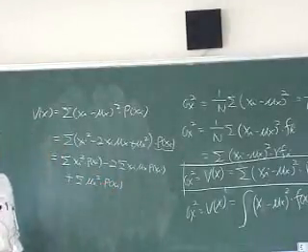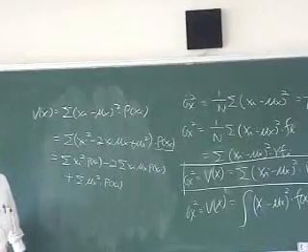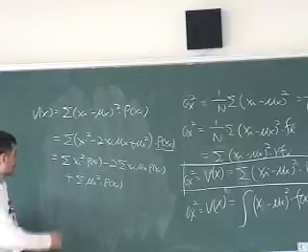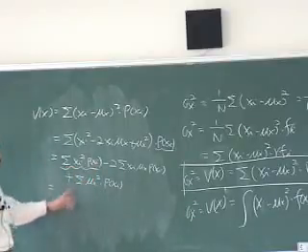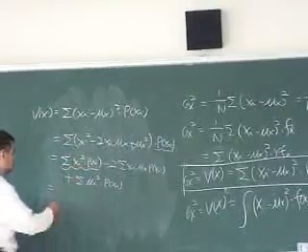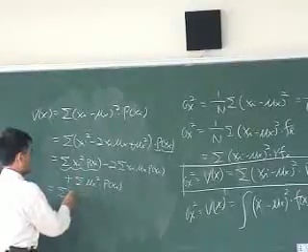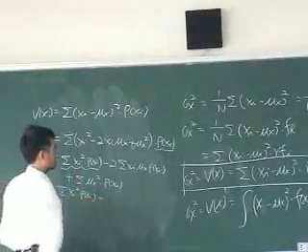Any questions so far? Here, there's no way to simplify it because xi squared and p(xi) are both affected by the summation. So let's put it down: summation xi squared times p(xi), minus.